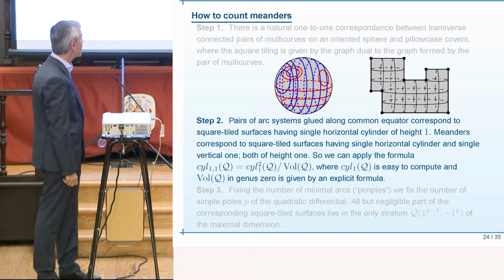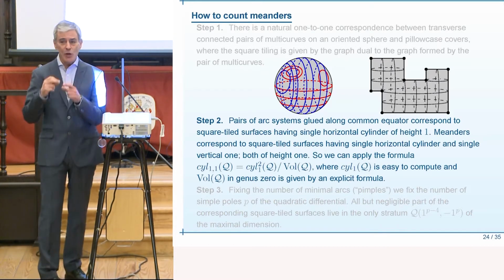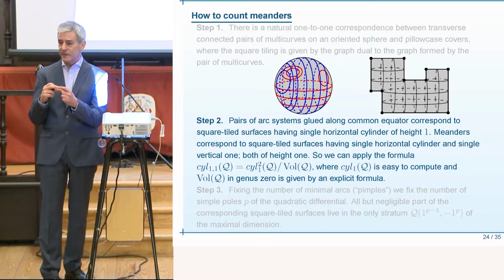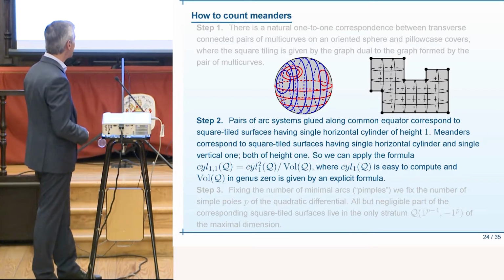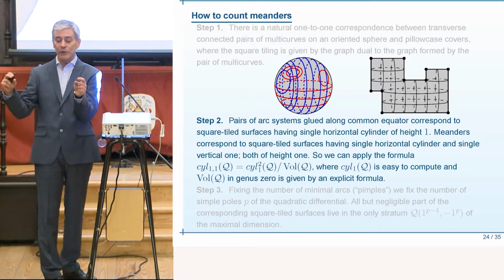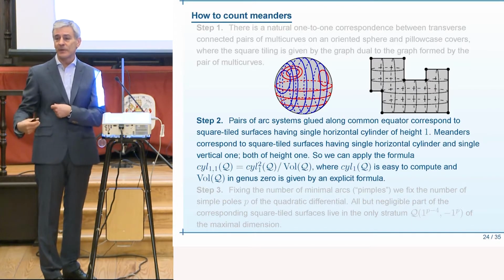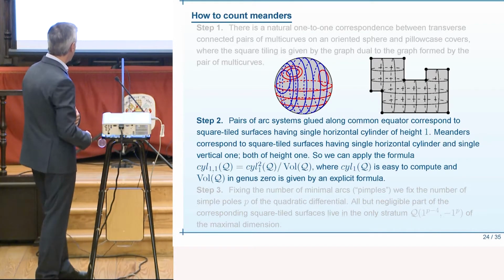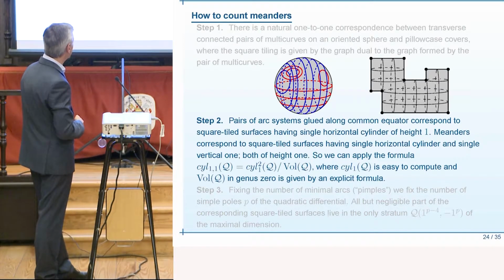So they correspond to square tile surfaces having horizontally only one cylinder. And what are meanders? That's the square tile surfaces which have one single horizontal cylinder and single vertical cylinder. And we can count 3 out of these numbers.